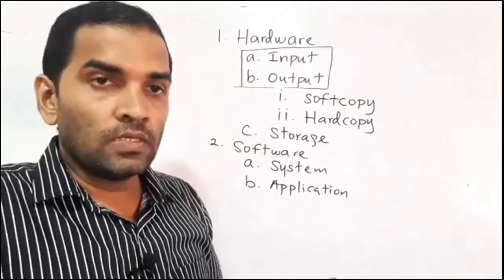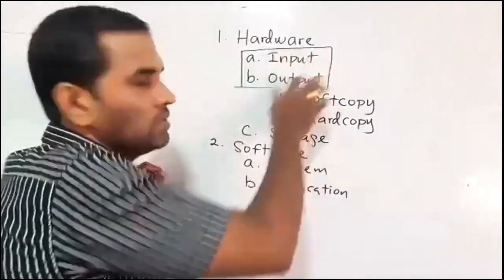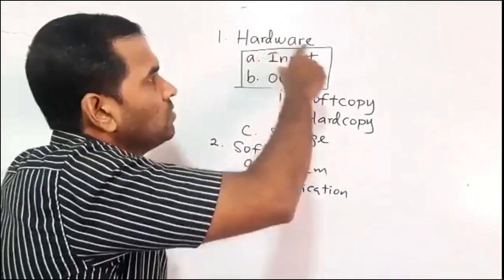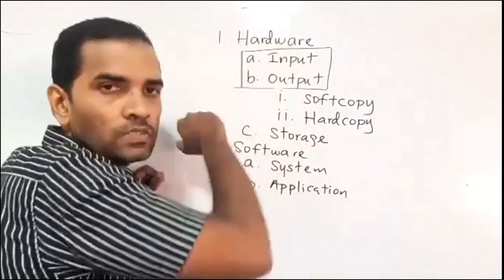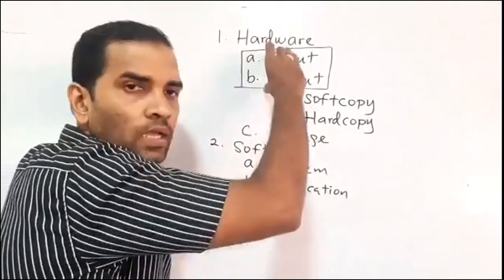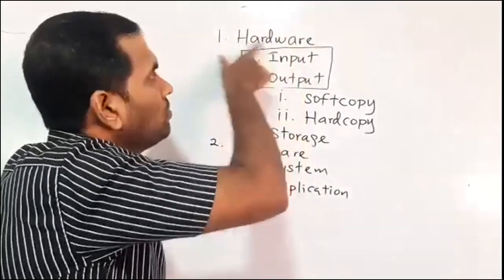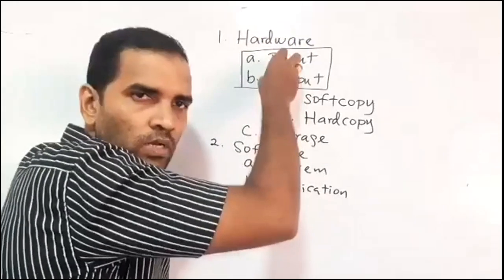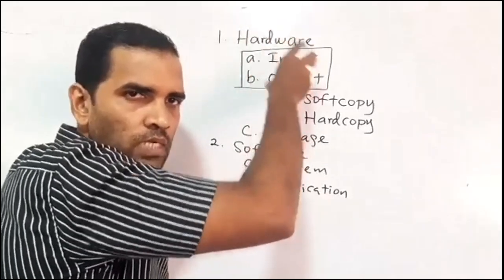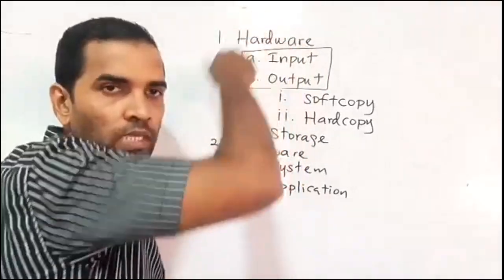But another important thing, listen to me very carefully. This small list is inside, a little inside of the main list, which means it looks like the sub list of this main list. This input, output small list looks like the sub list of hardware, the main list.